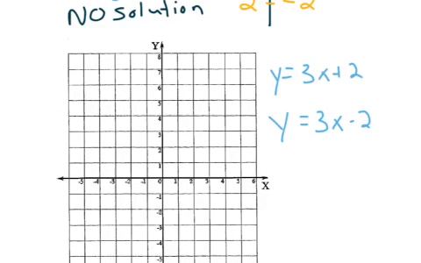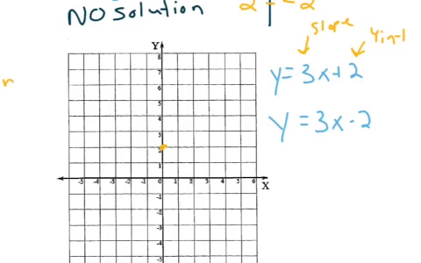First thing I'm going to do is plot my y-intercept, which is at positive 2. Next thing I'm going to do is look at my slope. My slope is 3.